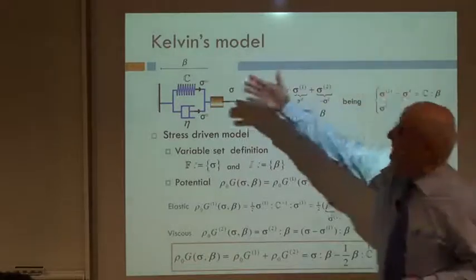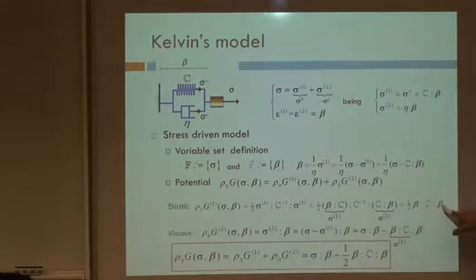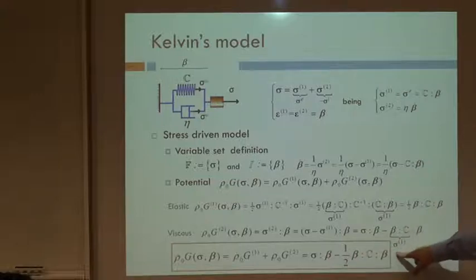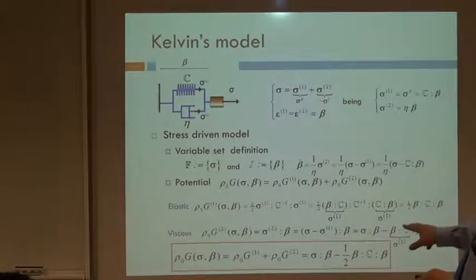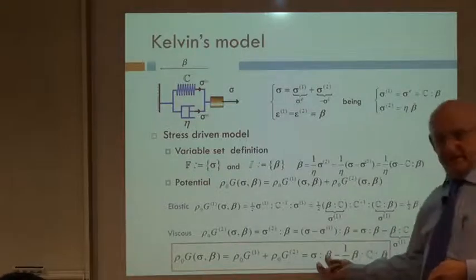What is the total Gibbs potential? The sum of both. So this is 1/2 of beta C beta minus beta C beta, this gives minus 1/2 of beta C beta, plus sigma beta, okay?